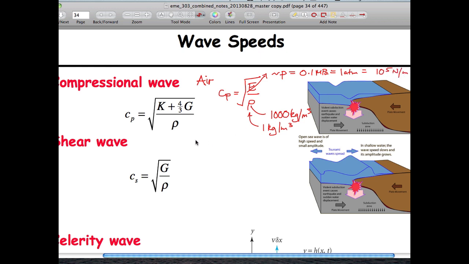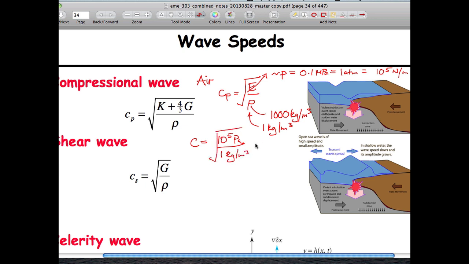So if you use those values, to get the speed of sound, it's 10 to the 5 pascals, newtons per meter squared, divided by 1 kilogram per meter cubed.